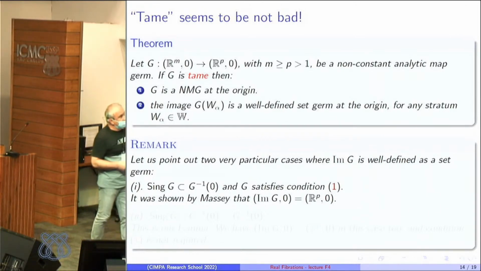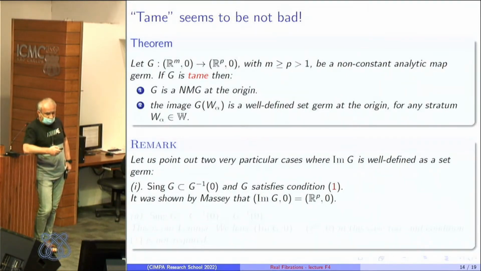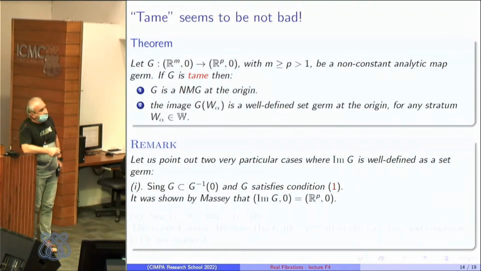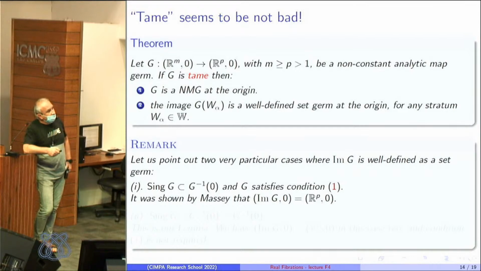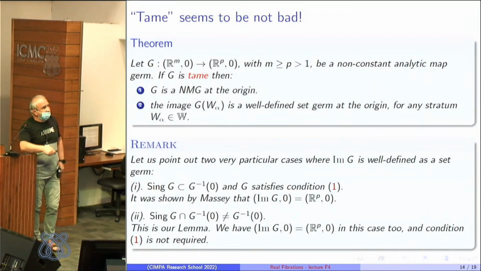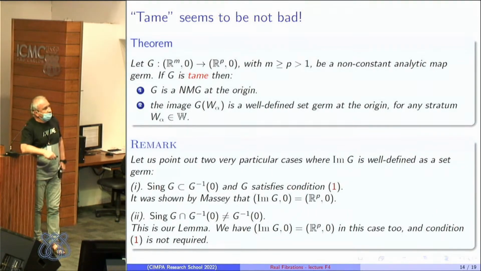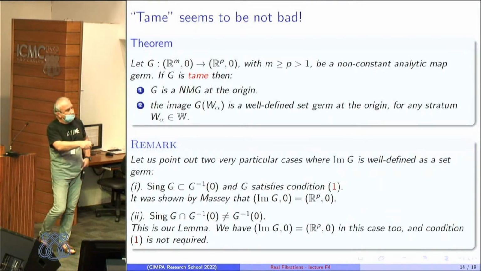And here, just a remark, two cases when the image is well defined. The first one is this condition when the singular locus of G is inside the fiber, and Massey showed that in this case the image of G is the entire target, and this is a consequence of the lemma that I mentioned before, that if Sing of G intersects the central fiber just in something that is more than the fiber, then you have also open image here.